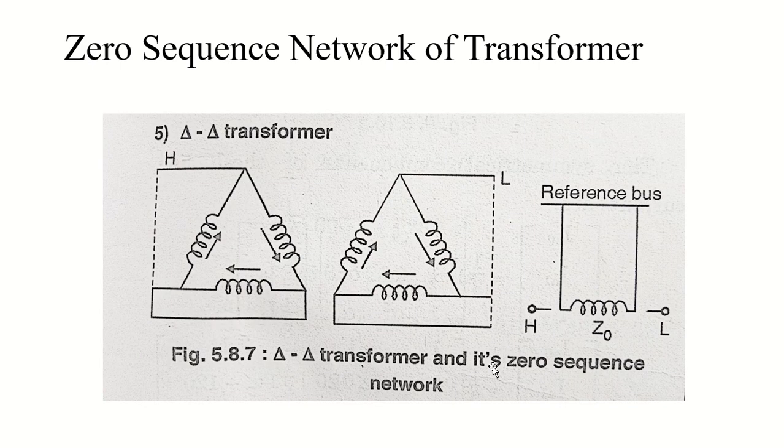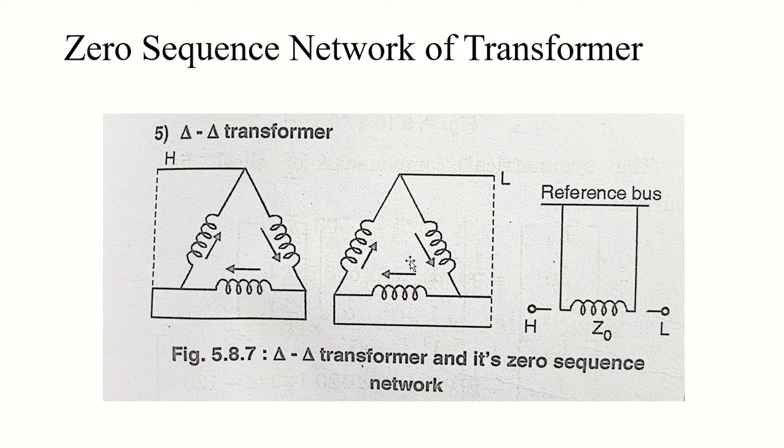The fifth one is delta delta, and in this case the delta connection windings provide no return path at all. Because of that, the zero sequence current will not be able to flow in or out of my delta delta transformer. It will only keep rotating in my deltas. This current will circulate through my delta winding, and such circulating currents would exist only if zero sequence voltages are somehow induced in either of the delta windings.